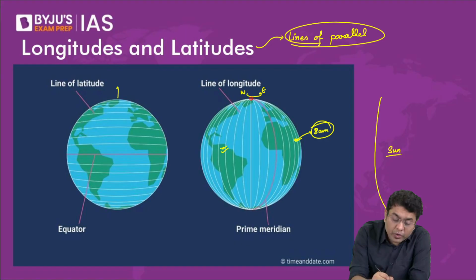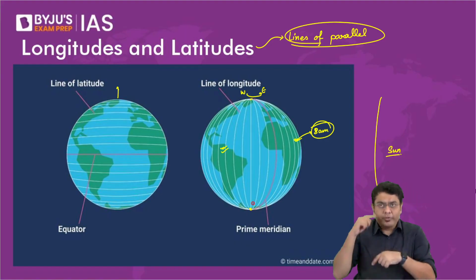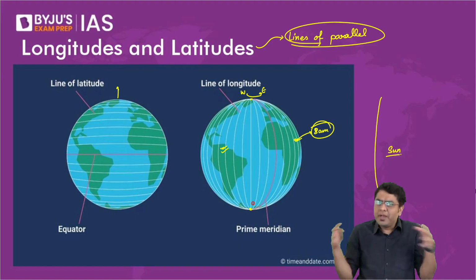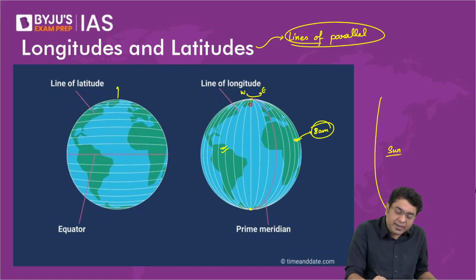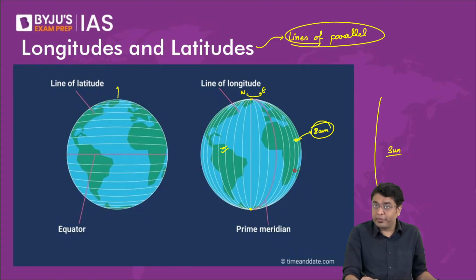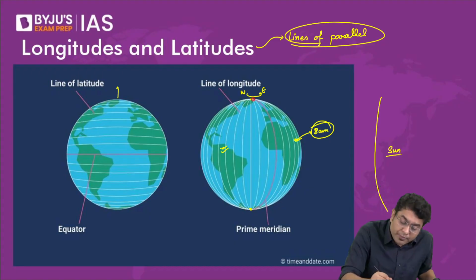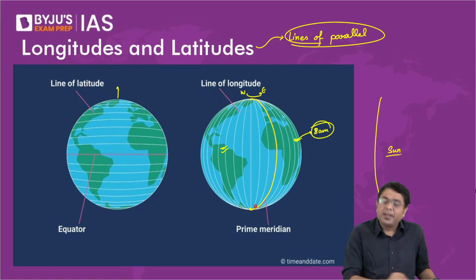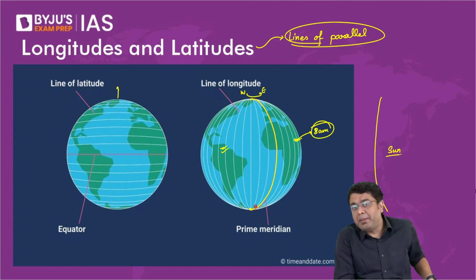Now, these longitudes meet each other at the north and the south pole. These are also imaginary circles which will intersect each other at the north and the south poles. Now, the longitude passing through the Greenwich Royal Observatory in Greenwich near London has been chosen as the prime meridian, or the longitude for reference.